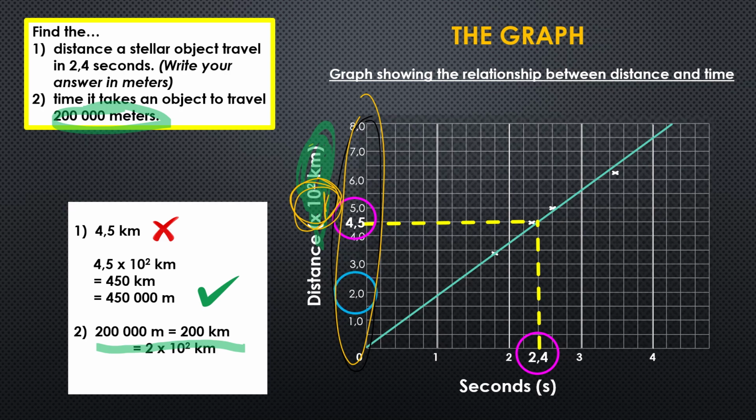So 200 kilometers is equal to 2 times 10 to the power 2 kilometers. So that times 10 to the power 2, that is represented already in the bracket there. So you are just looking for 2 times 10 to the power 2 kilometers.